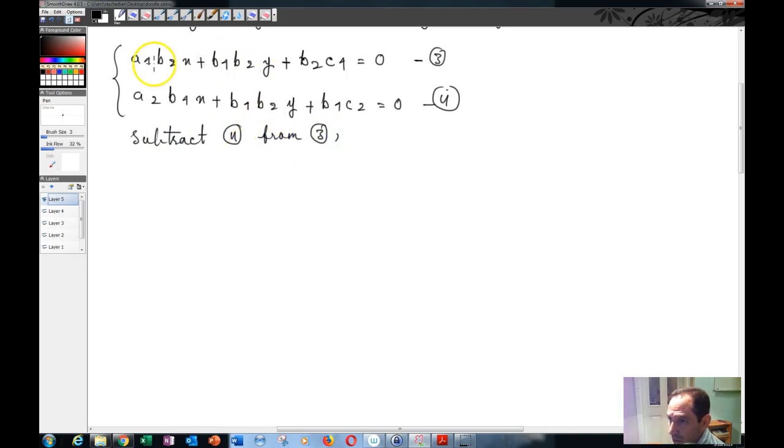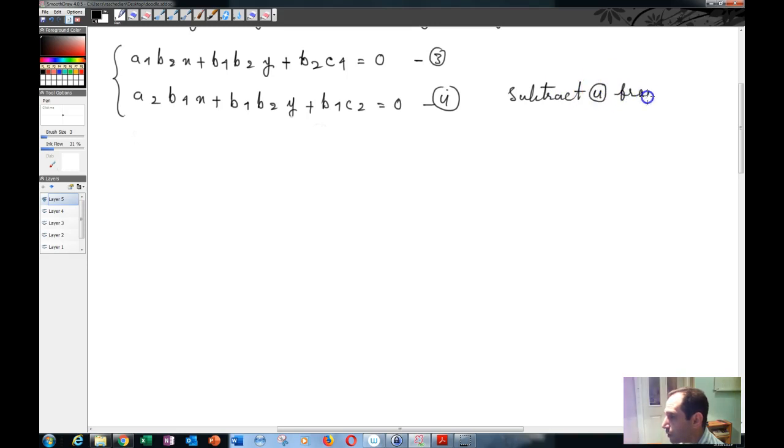In order to subtract 4 from 3, you can take the algebraic opposite of every term in 4, meaning negative, negative, and negative, and then add them together.